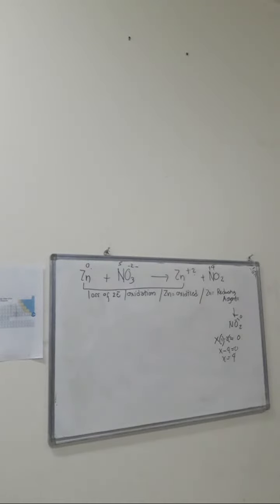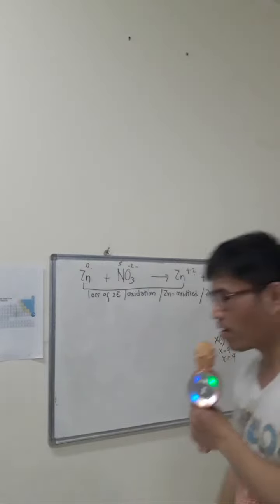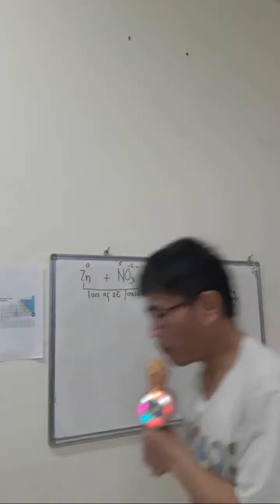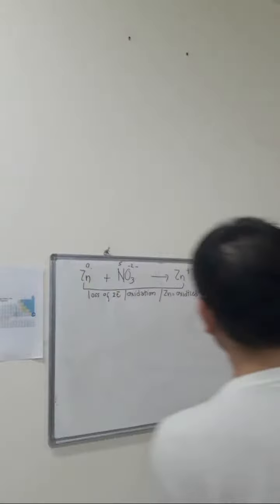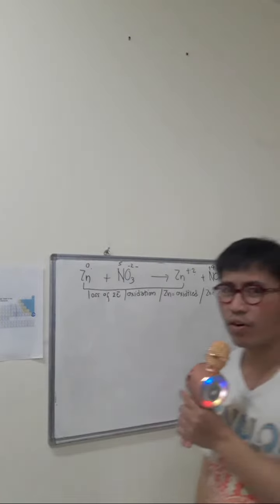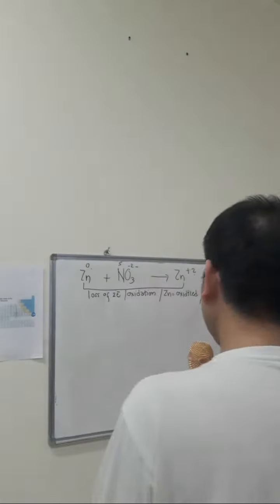Negative 4 plus 4 equals 0. Another way to say that is to get the oxidation state of oxygen, negative 2 times 2, negative 4, plus 4 equals 0. So that's trial and error, another method.